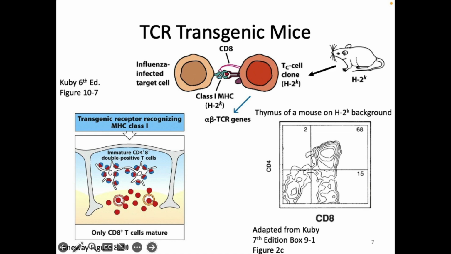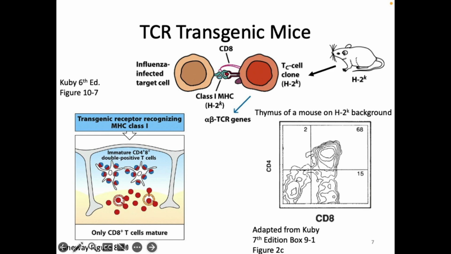And so this T cell receptor recognizes MHC of the H2K type. I'm going to insert those alpha and beta TCR genes into an embryo and then let that embryo develop.